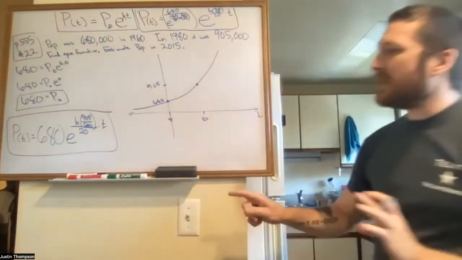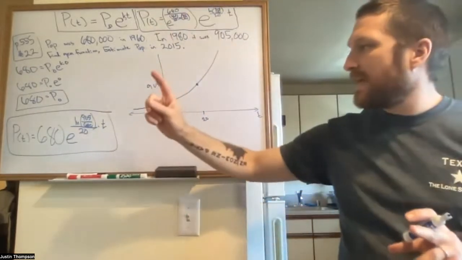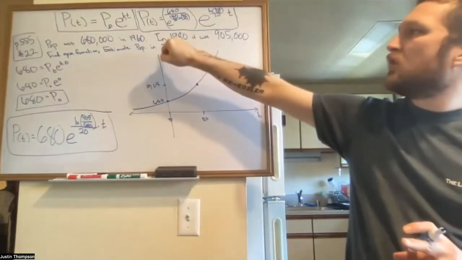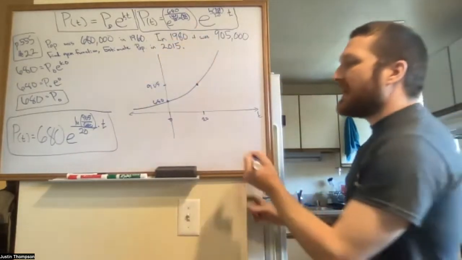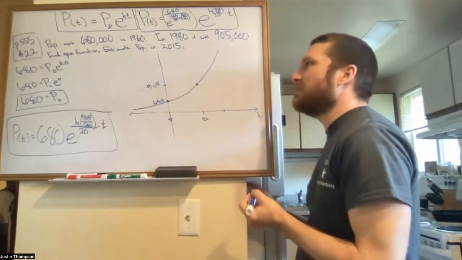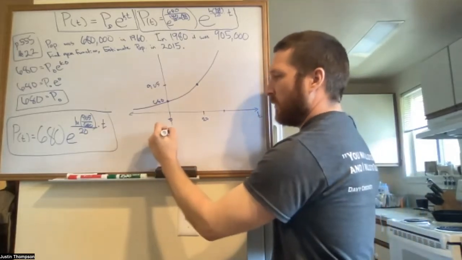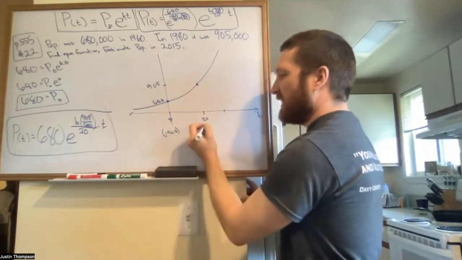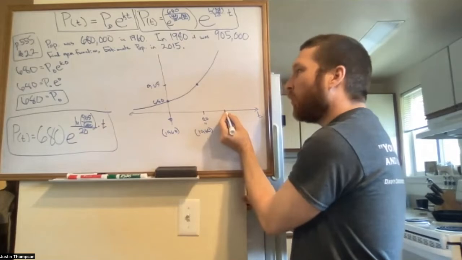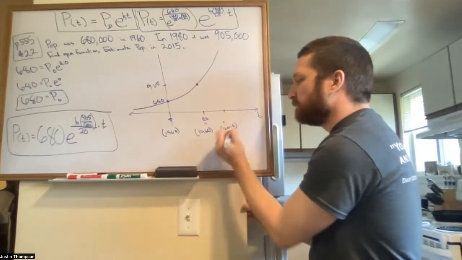Now it says to use your stuff to estimate the population in year 2015. So if that's the case, what do I need to plug in for T to be the year 2015? So 0 was 1960, and we said that 20 was 1980. And so then what value is going to correspond to 2015?